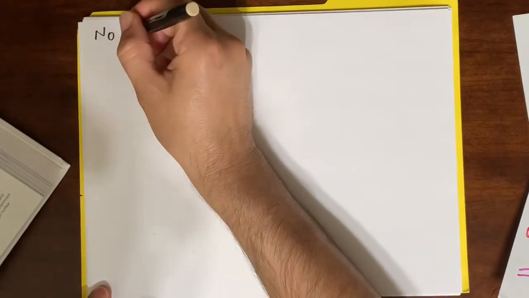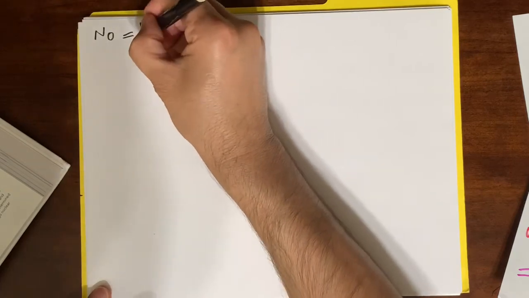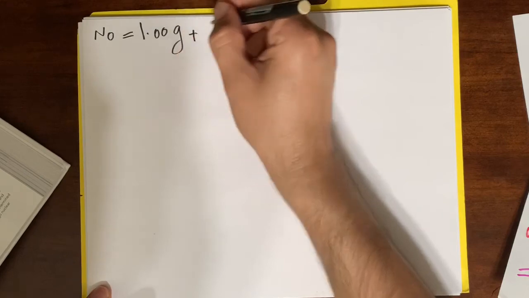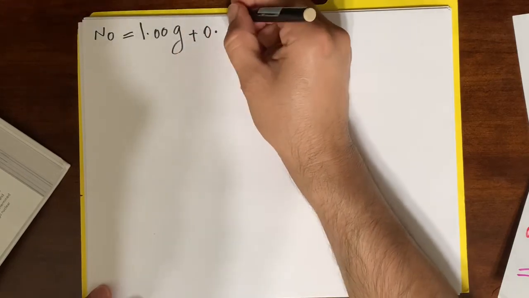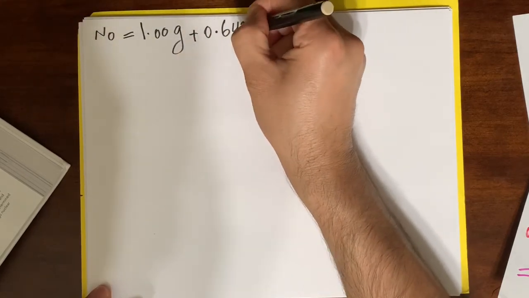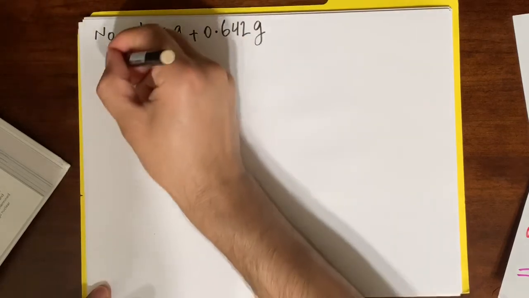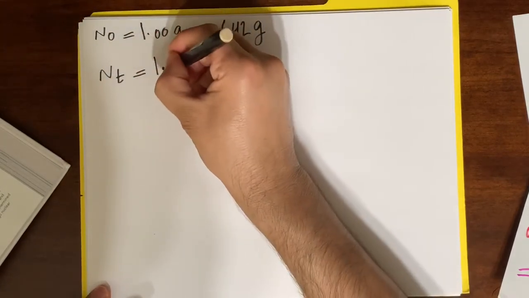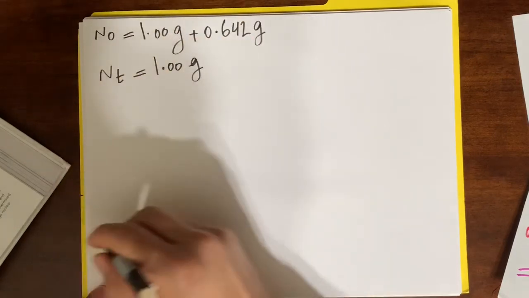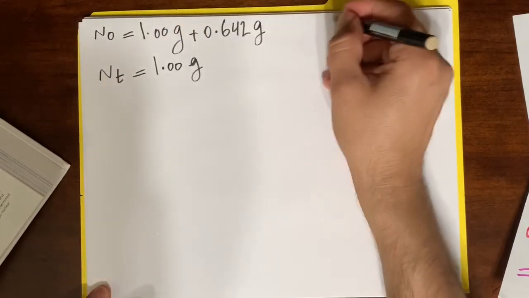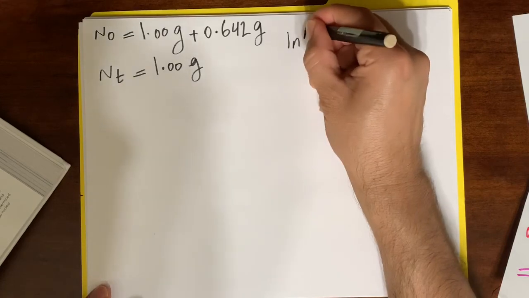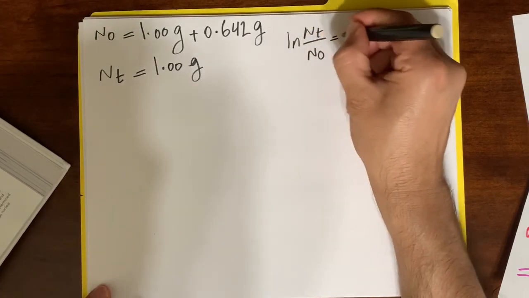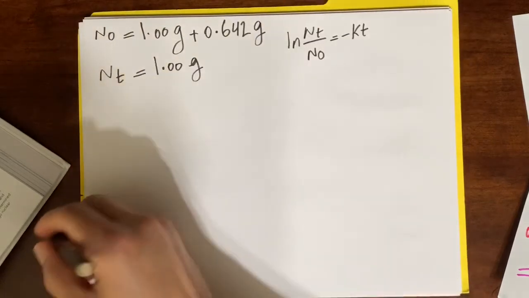N0 is going to be equal to 1, whatever we have right now, plus whatever we lost, and NT, right now we see 1 gram. So you go ln of NT over N0 equal to minus KT.